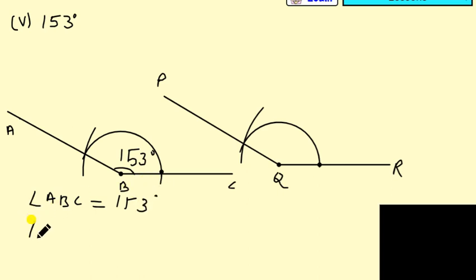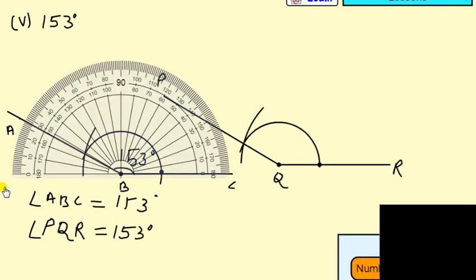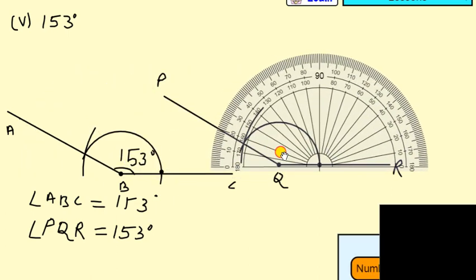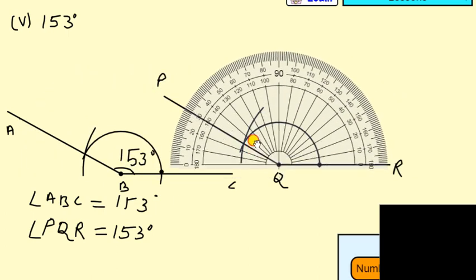So you can draw a line segment of 5 centimeters here. You can see here, that is 5 centimeters. Now remove this one and make an angle of 153. So how can we make the angle 153? You can see it is the 153.